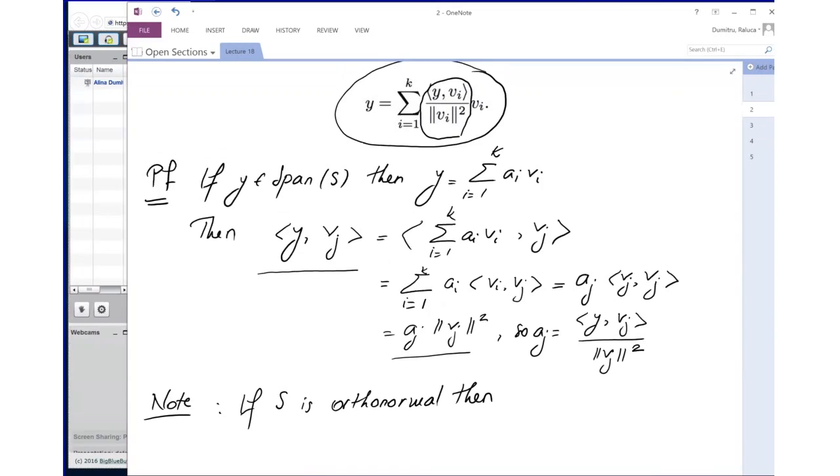Why are they nicer? Because in an orthonormal set, the norm of every Vi would be 1. They are all unit vectors. So the formula looks even better. It is the sum, i equals 1 to k, inner product between y and Vi times Vi. That norm disappears.